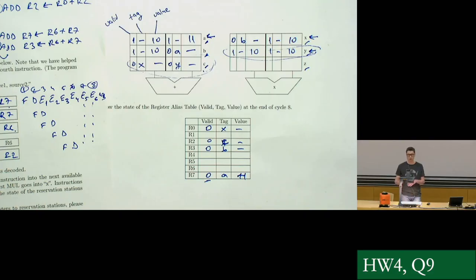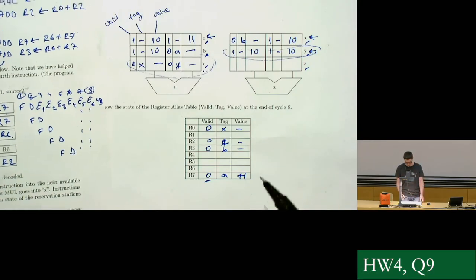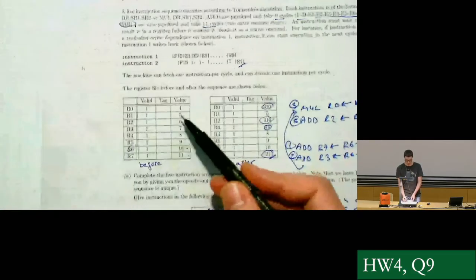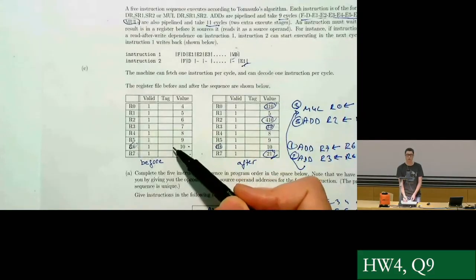So if you do everything sequentially, you will see that every instruction is getting the correct value, and at the end, you have the final values in the register file. Okay, and the rest of this register alias table is basically the same as before here.